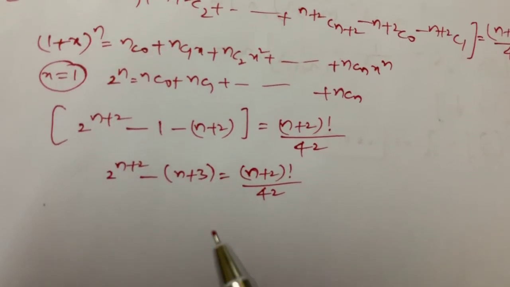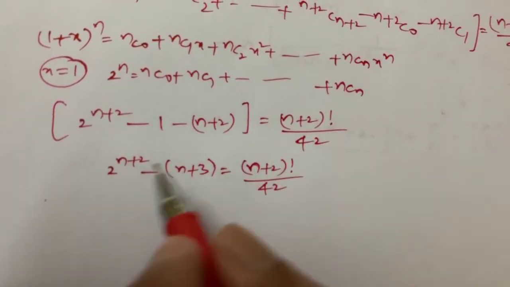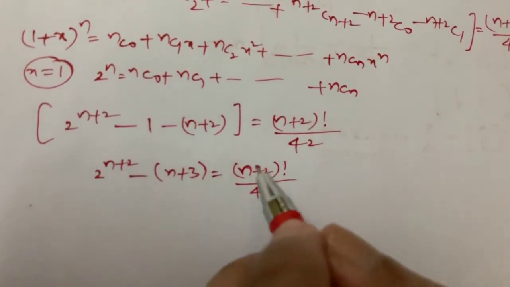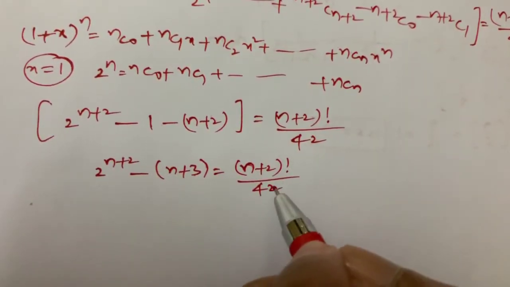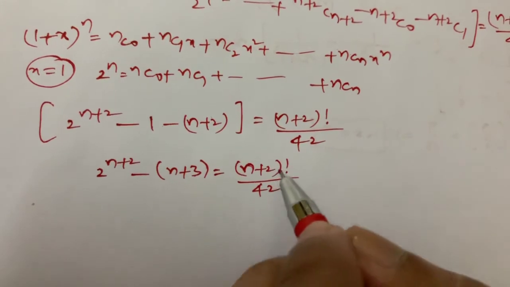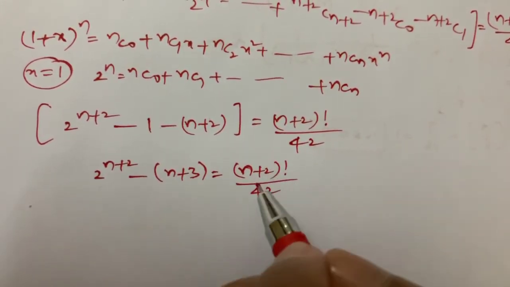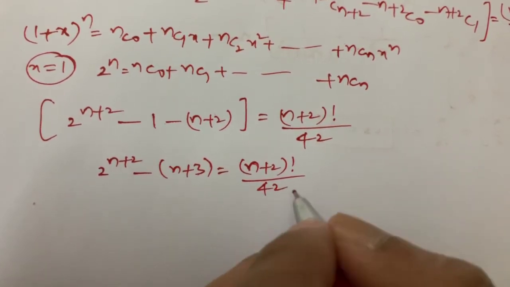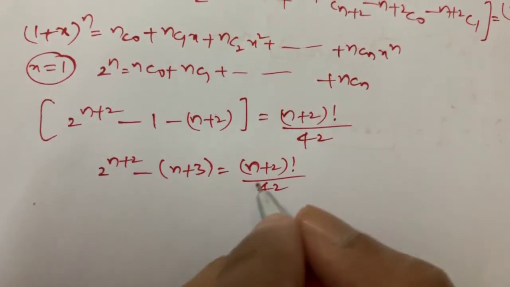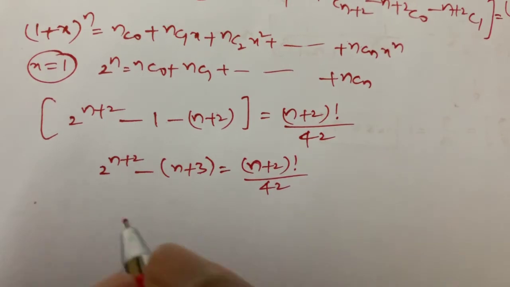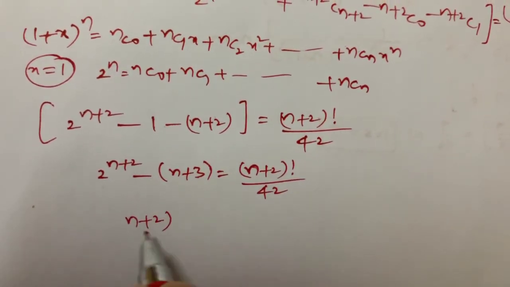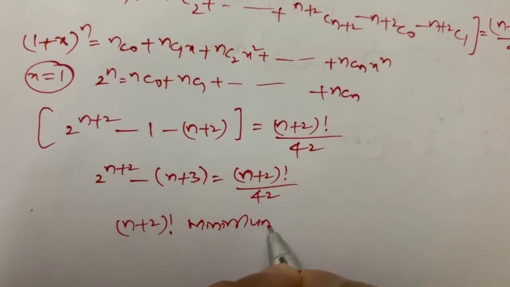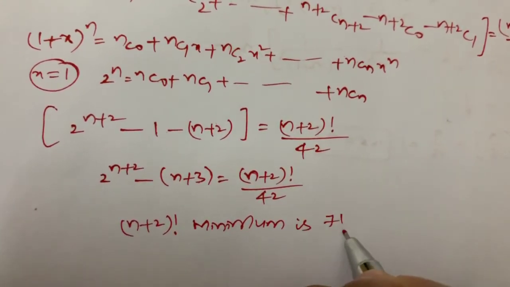So if I see this, I have to find the value of n. So here (n plus 2) factorial by 42. If it has to be an integer, the minimum value of (n plus 2) factorial should be 7 factorial, because 42 is 7 into 6. So it means 7 should come. So (n plus 2) factorial minimum is 7 factorial.